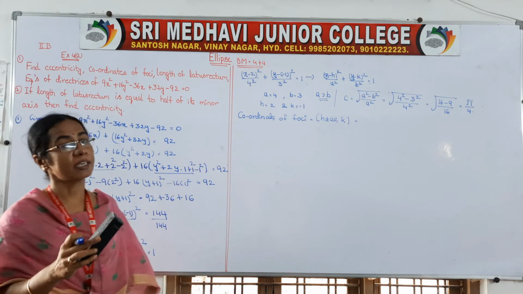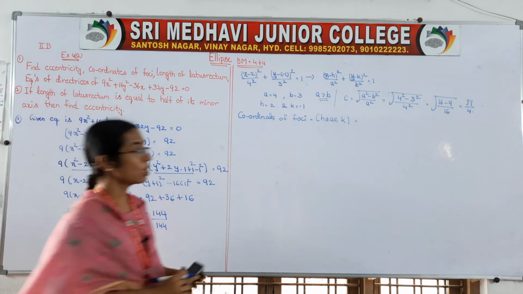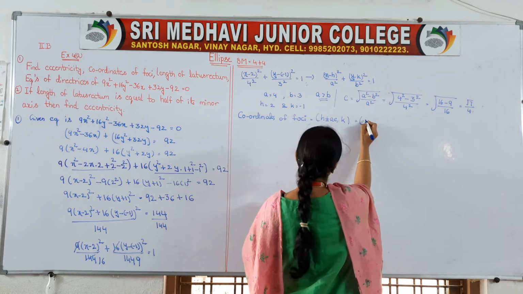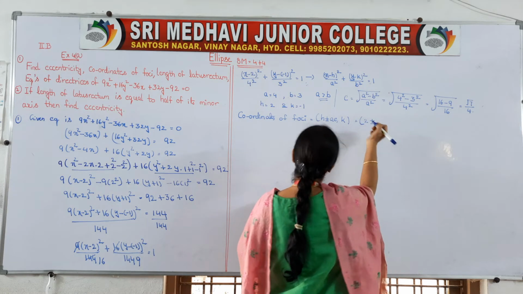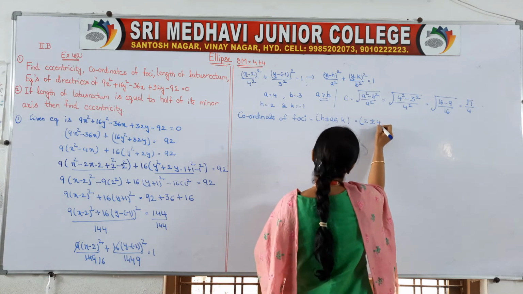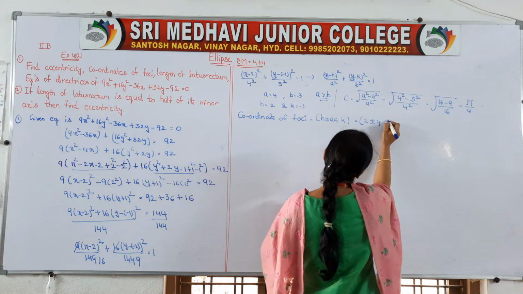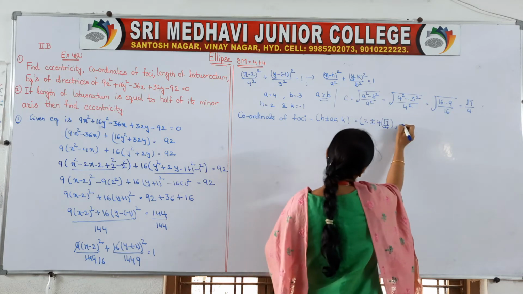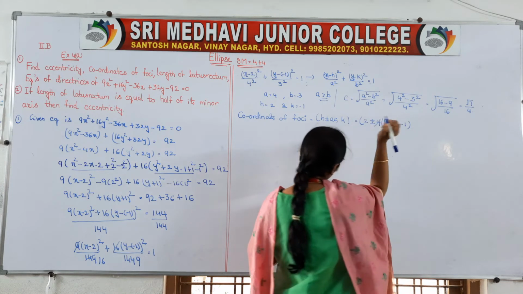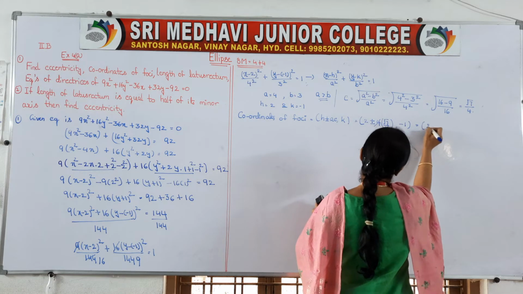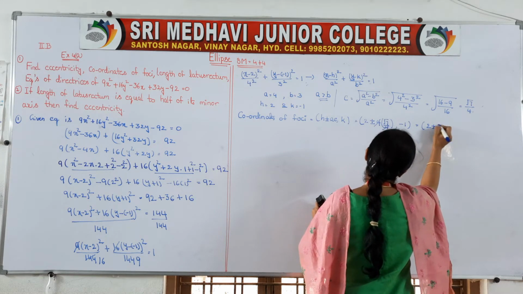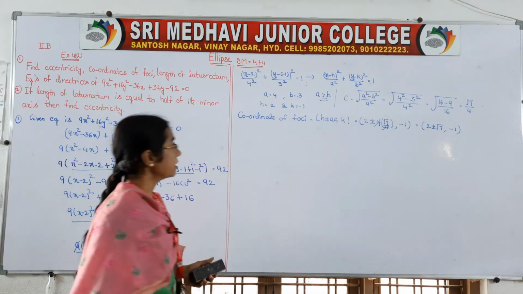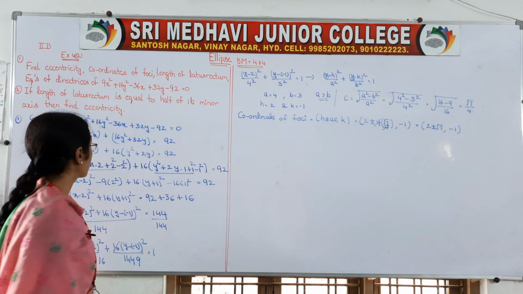Only formulas you have to learn. So it is h, what is your h value, 2, plus or minus a, a is 4, into e, e is root 7 by 4, comma k, k is minus 1. The 4 and 4 cancel, so it is 2 plus or minus root 7, comma minus 1. This is your coordinates of foci.